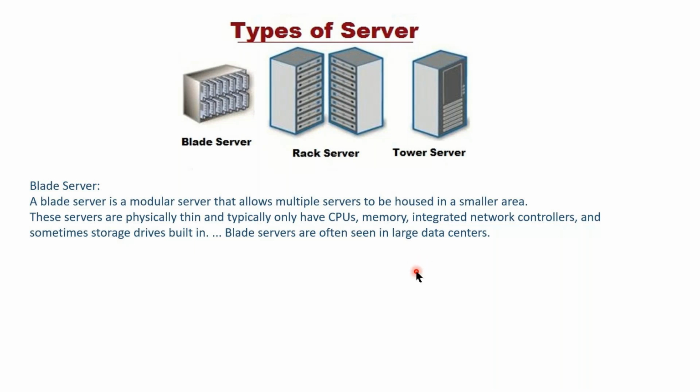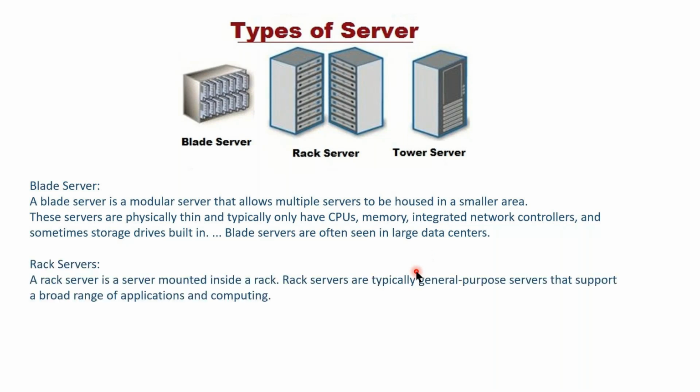Next one is rack servers. A rack server is a server mounted inside of a rack. It is a big container. A 24 size rack will be there, and a 48 size rack is also available. In a 24 ports rack we can host 24 servers only, and in a 48 ports rack we can host 48 servers, as per the capacity.